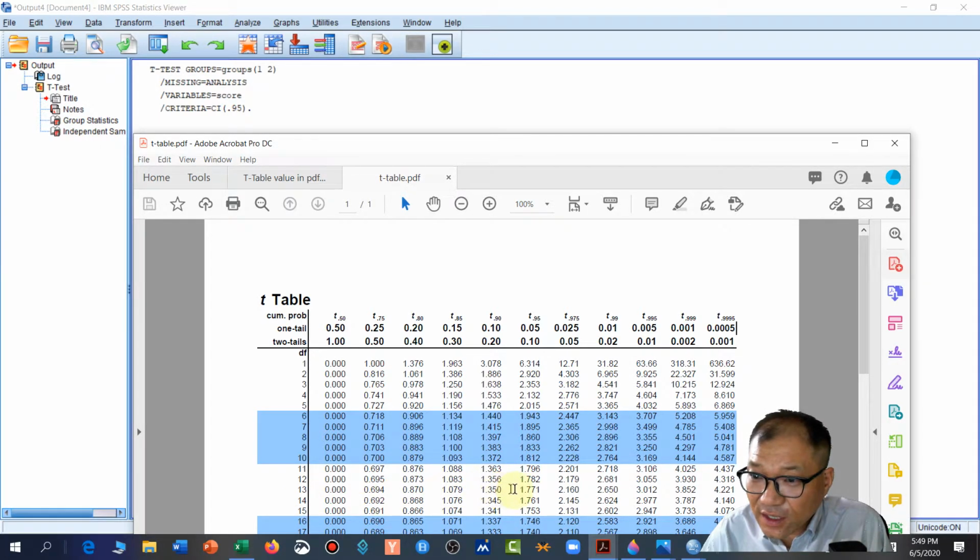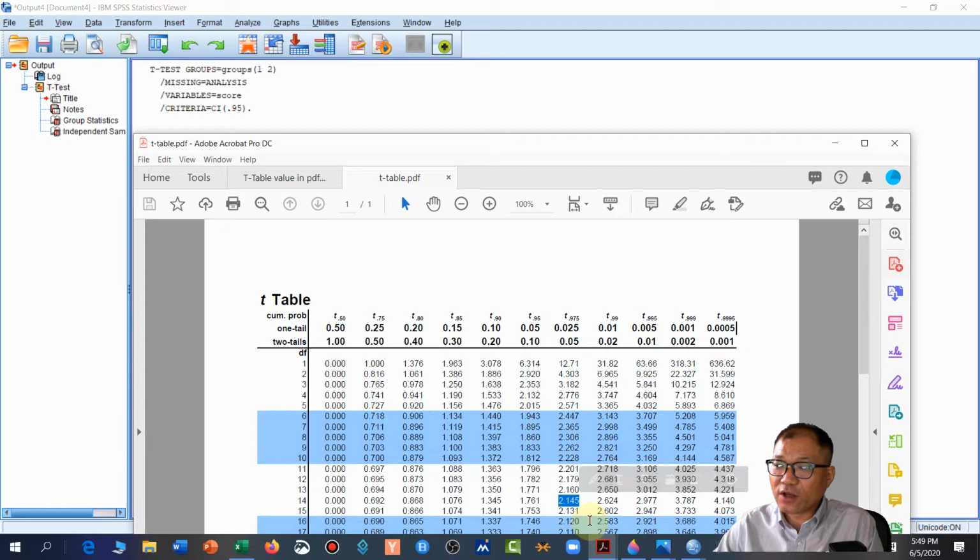If you look at the t-table for the degrees of freedom of 14, you will see, where is it? Right here, when df is 14 at 95 percent confidence level, your t-value should be equal or greater than 2.145.